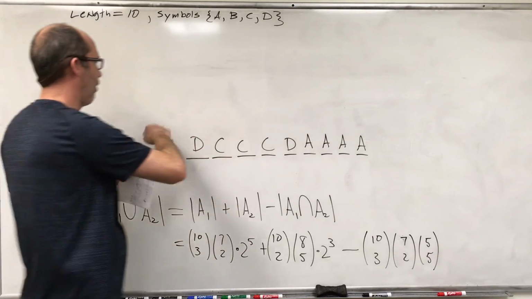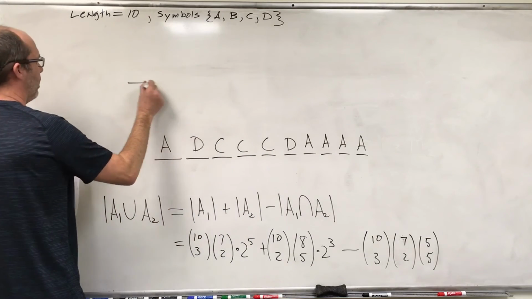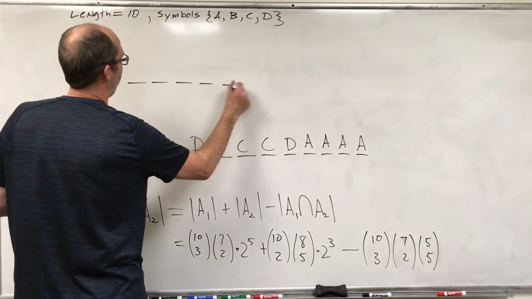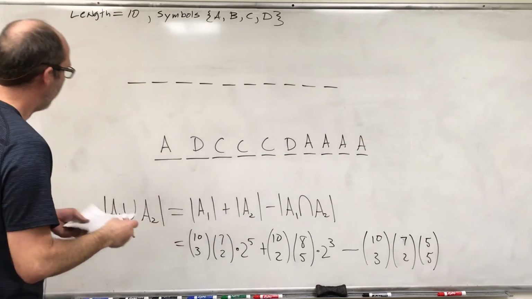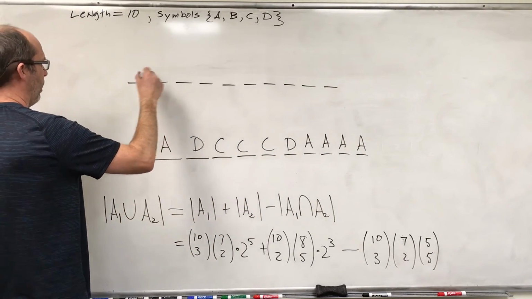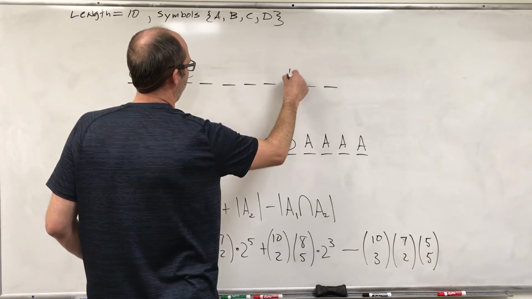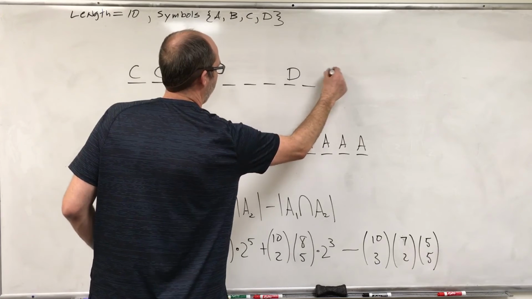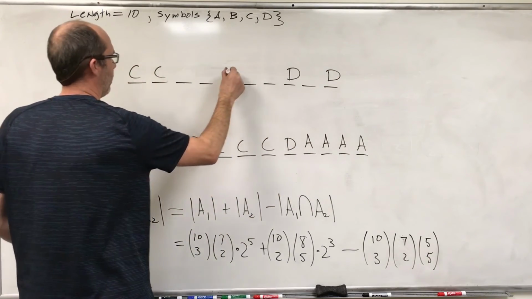They'll be all over the place. Another situation: let's do C, C, C, 2 D's there, and there. Now there's only 5 remaining positions.